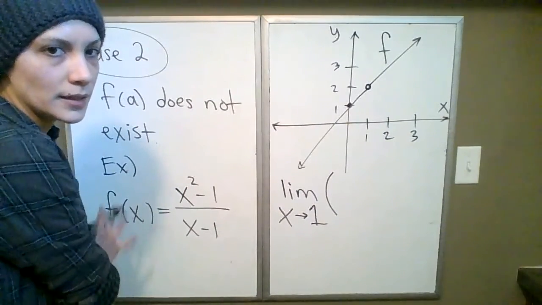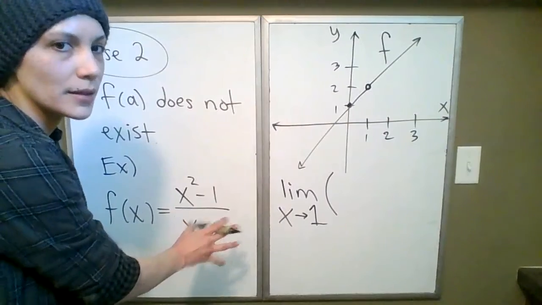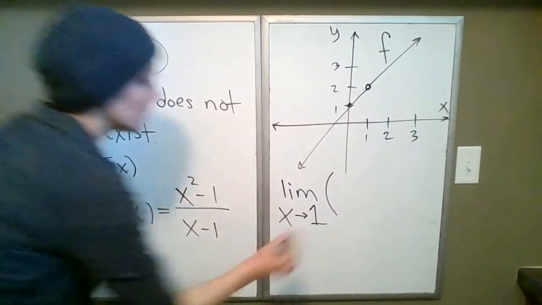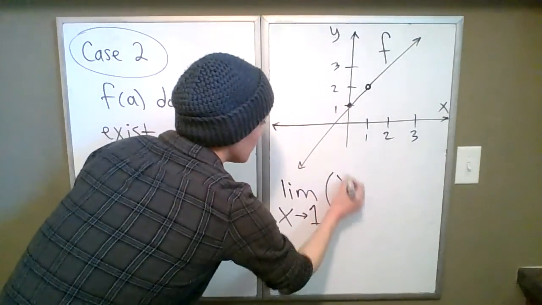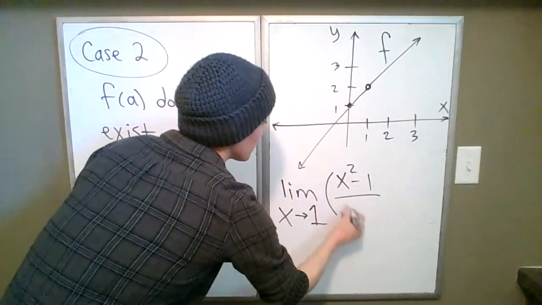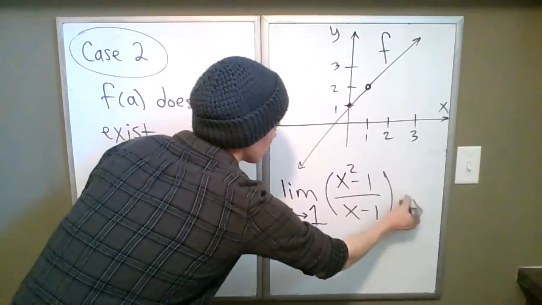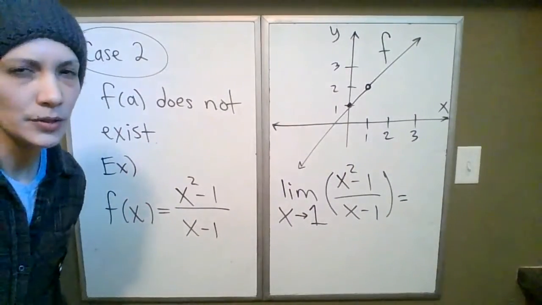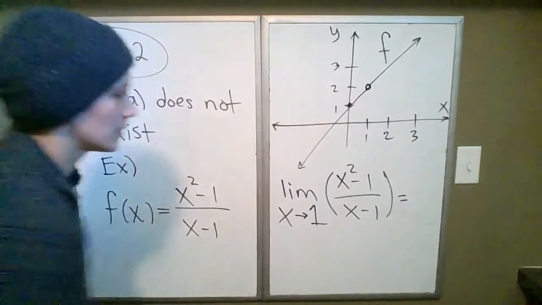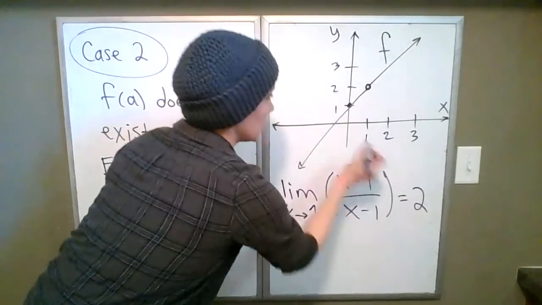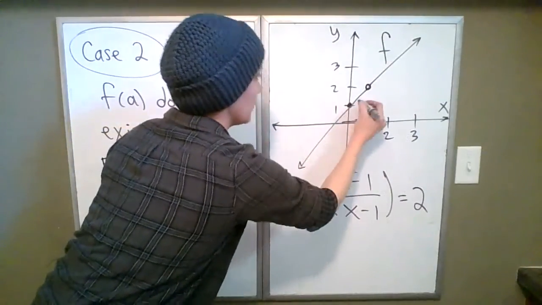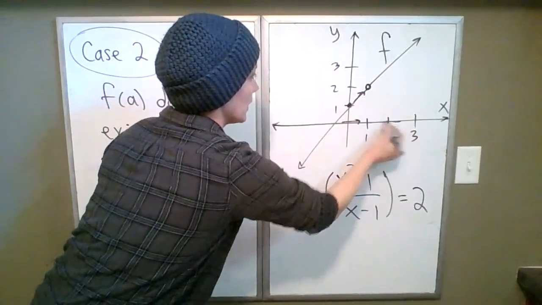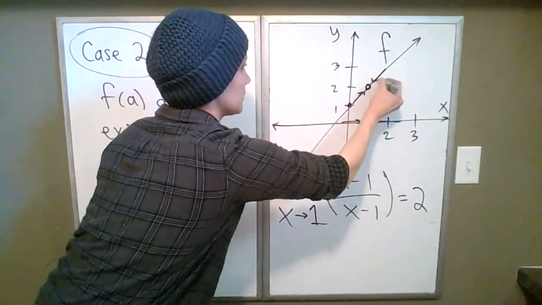You can put either one. You can put f of x. We can put this part. I'm going to use this part. And it's equal to 2. X is coming this way, and your values go towards 2. That way, values go.